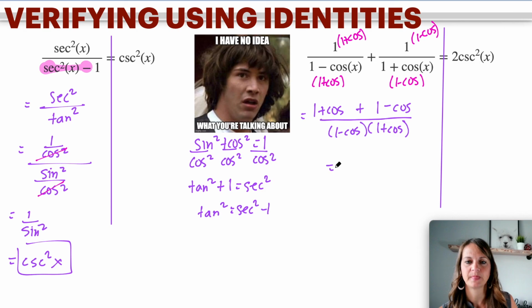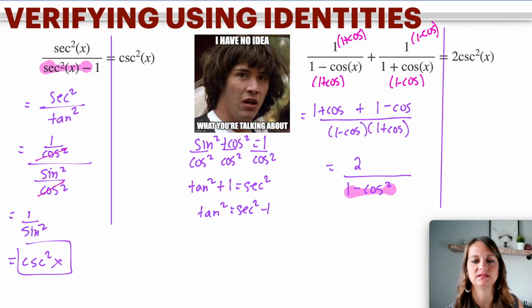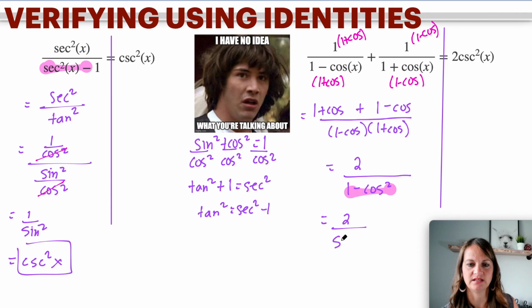Now on the top, cosine minus cosine cancel, leaving me 1 plus 1, which is 2. On the bottom, if I FOIL that, I'll get 1 minus cosine squared, which is an identity. It is sine squared. And when you have sine squared in the denominator, it is the same thing as cosecant squared in the numerator.